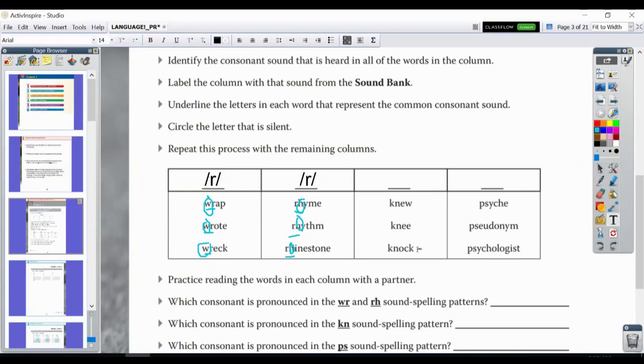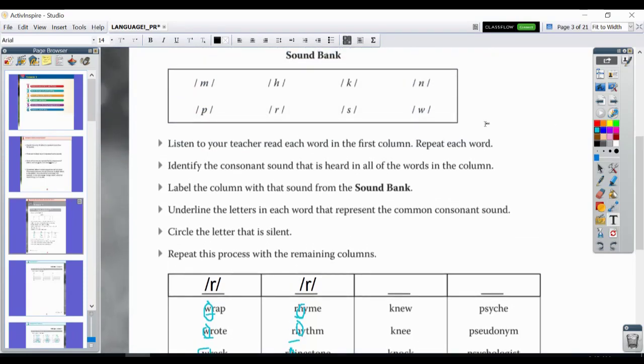Okay, let's move on. New, knee, and knock. Read them to me. New, knee, knock. What consonants do they all have in common? KN, KN, KN. But what sound do they start with? You can look back up and see. Yep, it's the N sound.